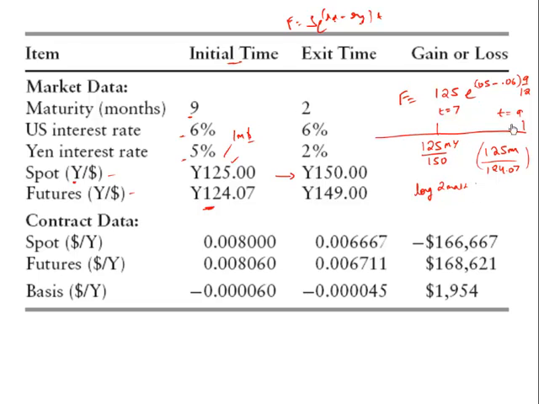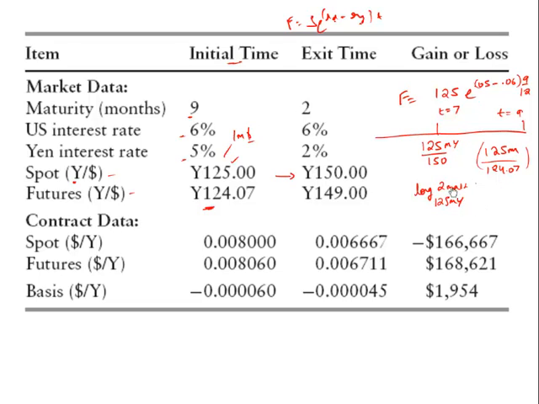I'm already short a 9-month future to deliver 125 million yen. At t equal to 7, there will be 2 months remaining to maturity of this contract. I'm short 125 million yen, so 2 months forward I will long 125 million yen, and that will square my position off.